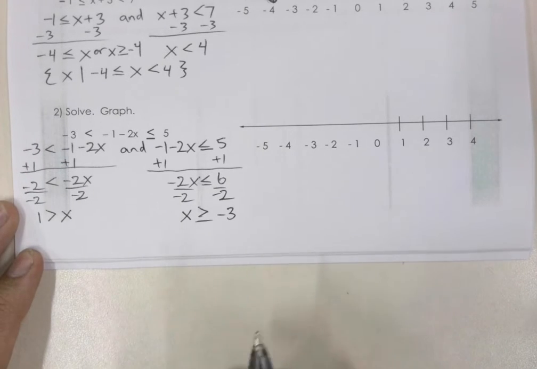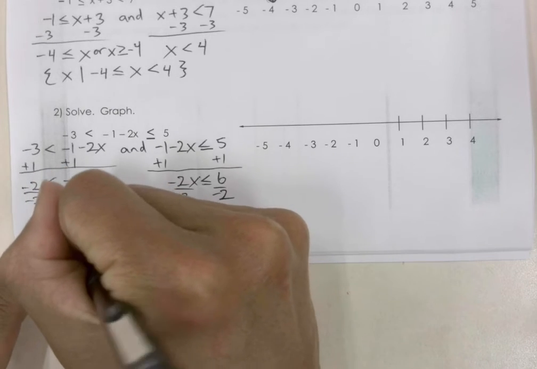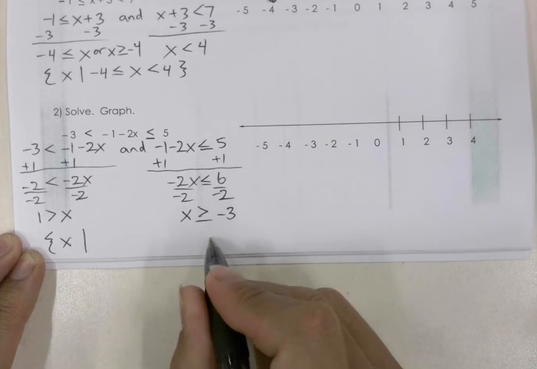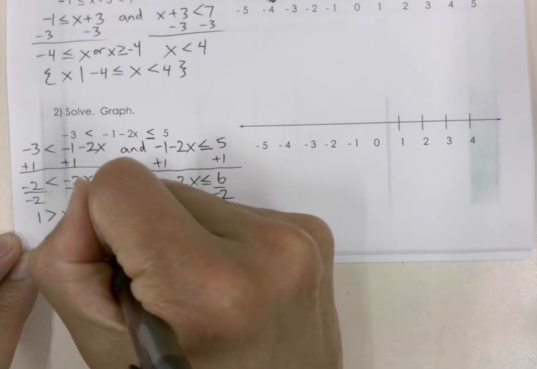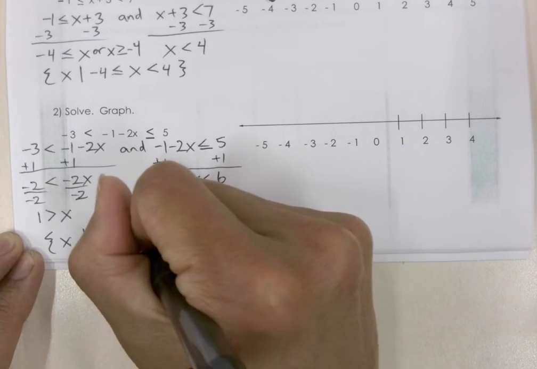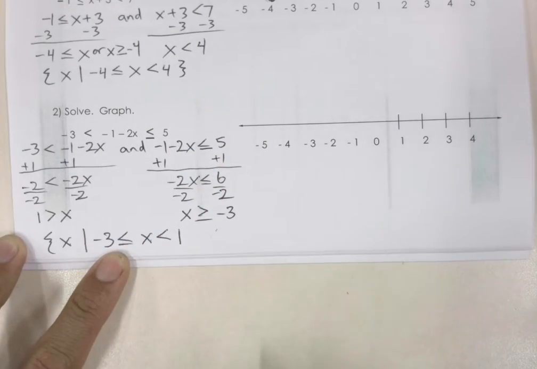So what is our solution set? Our solution set is all x such that negative 3 is less than or equal to x, which is less than 1.